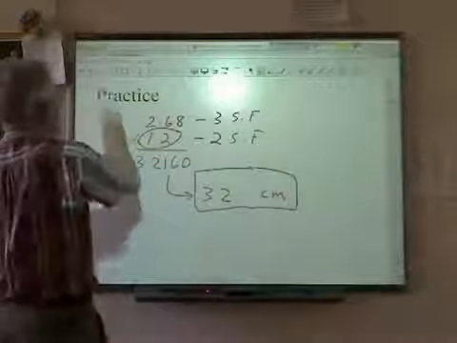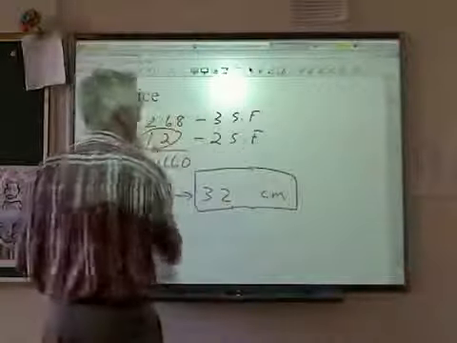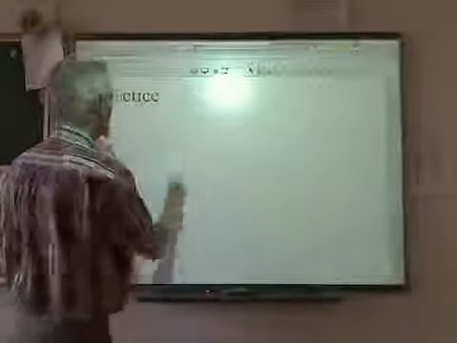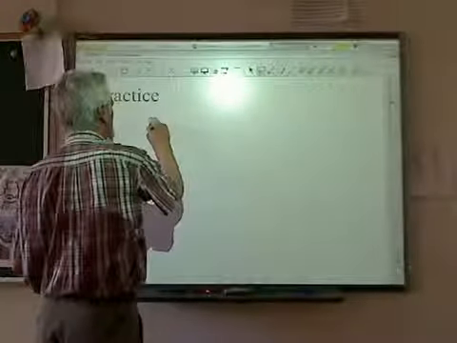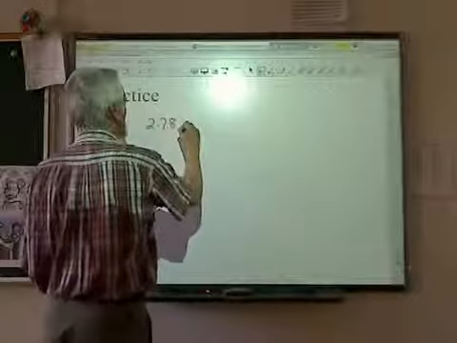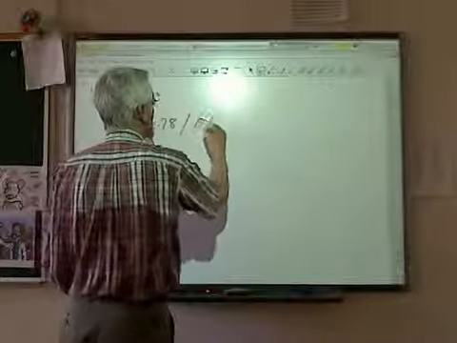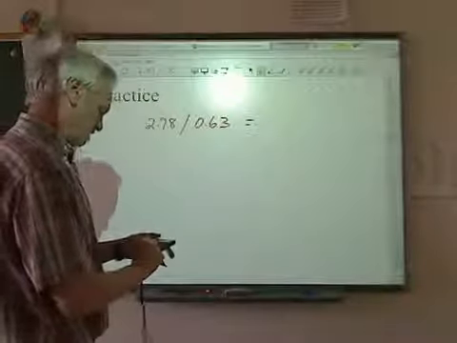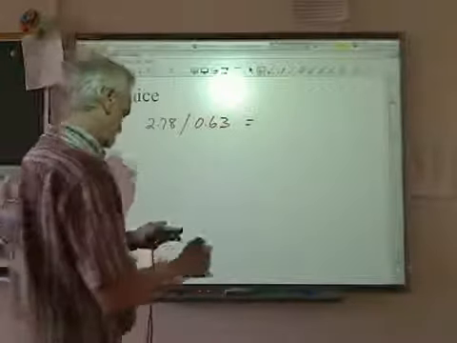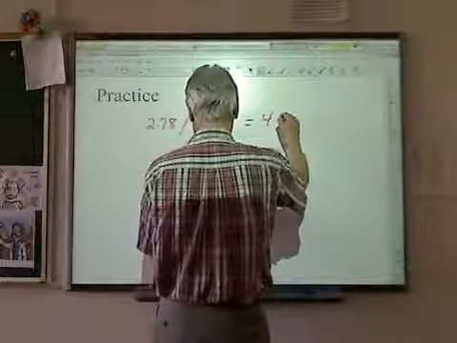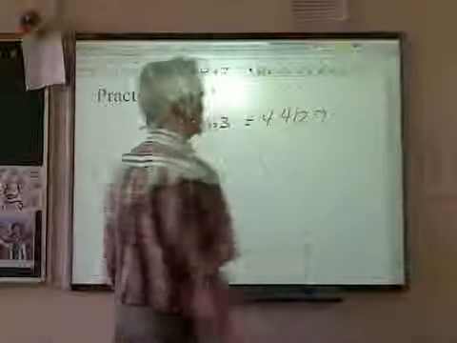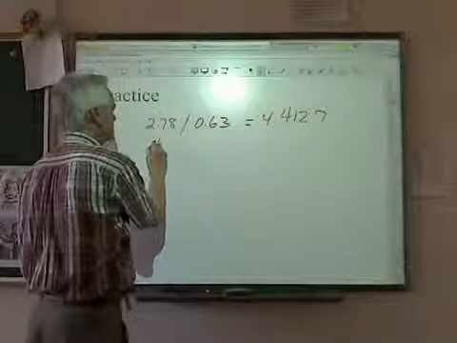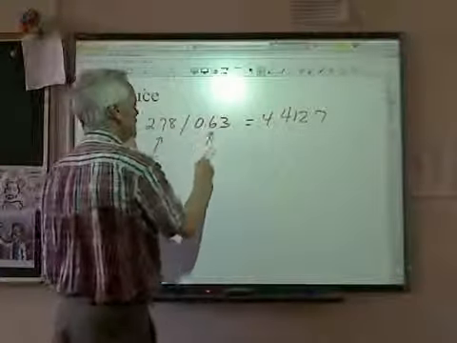One more quickly, and then I'll stop, because we'll do some practice calculations in class too. Let's say we have 2.78, and we're going to divide it by 0.63. If we do that on your calculator, I get again 4.4127 to the number of decimal places I have, but again here 3 significant figures, 2 significant figures.